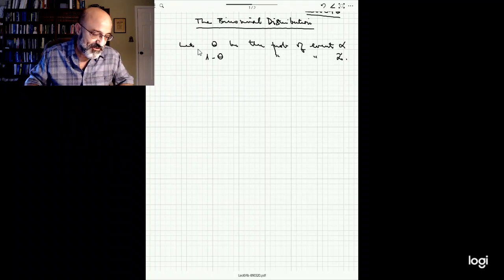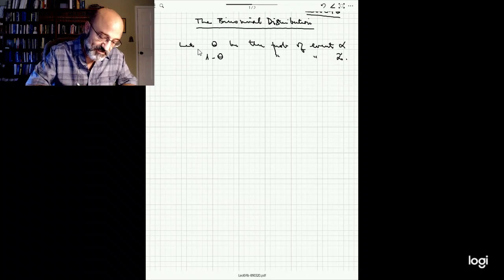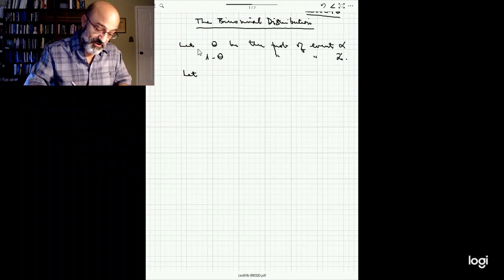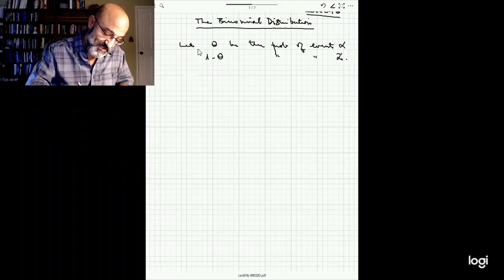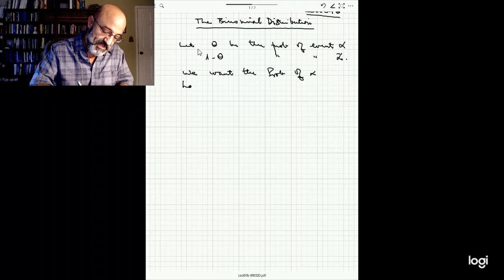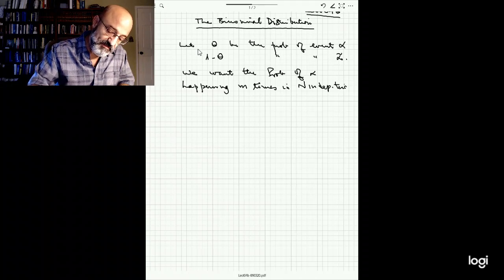Let us now ask what happens if we look at a certain number of trials of this event happening or not. So we want the probability of the event alpha happening m times in n independent trials.